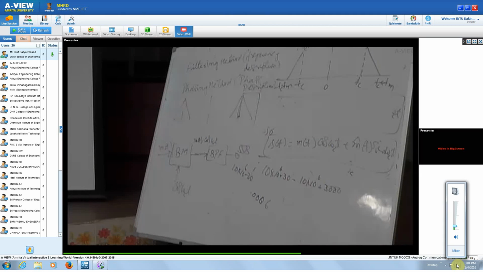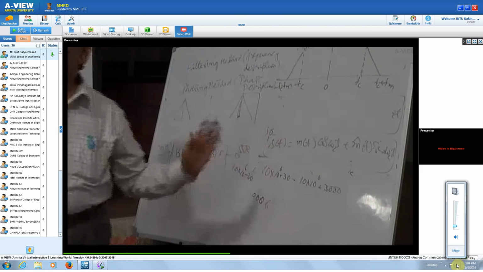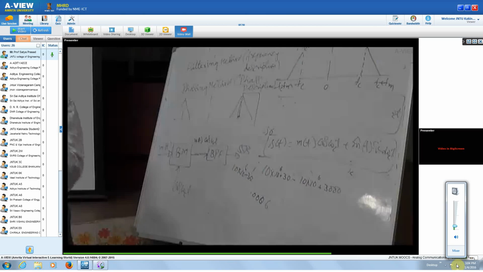Your band pass filter, you have to design a very, very sharp cutoff filter. With this small variation between these two side bands, it is difficult to design your band pass filter to have the required cutoff.